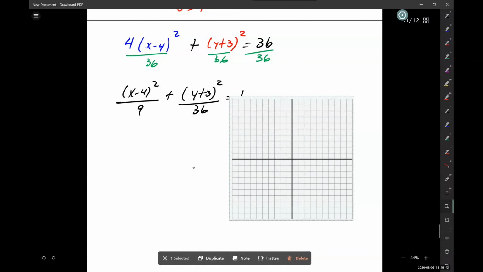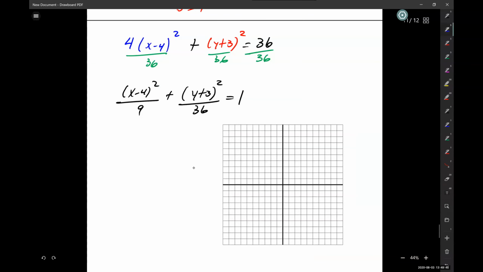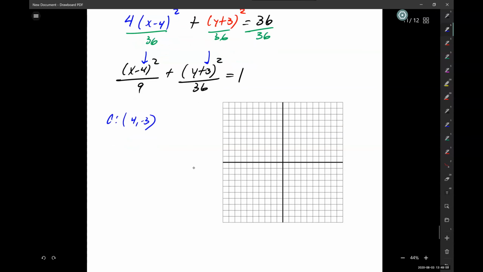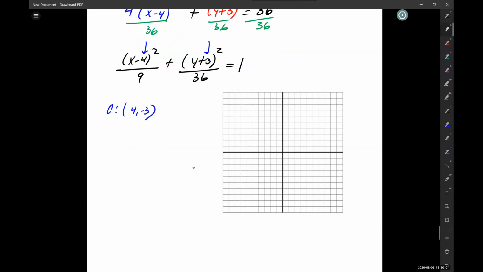All right. So first we're going to look at the center. The center in this case is going to be positive 4. Excuse me. Flipping the signs, positive 4, negative 3. And then we're going to find our a and b values.